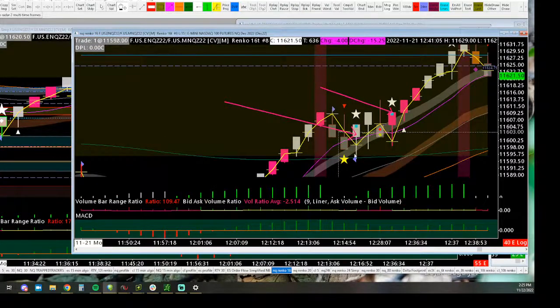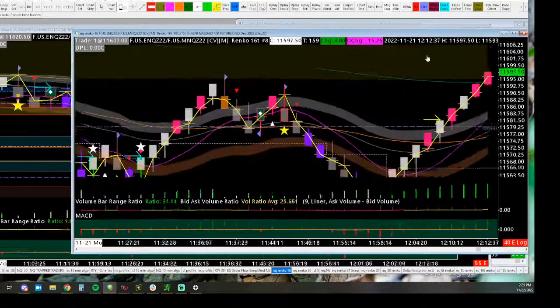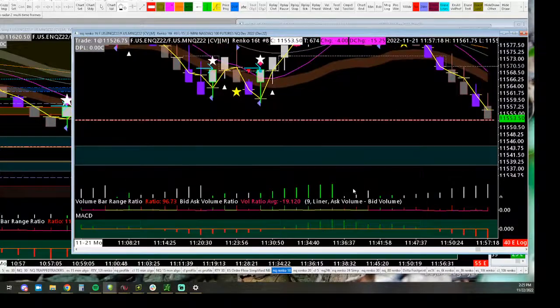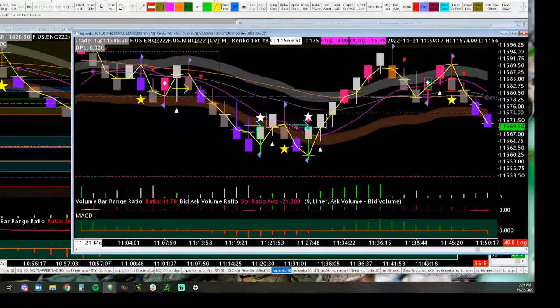And once again, star blue, diamond blue, yellow blue. So trap a seller, put in a momentum signal. Okay, that's helpful.